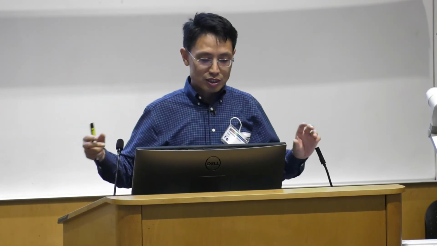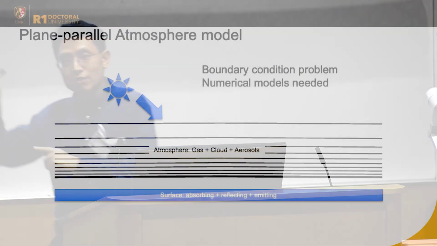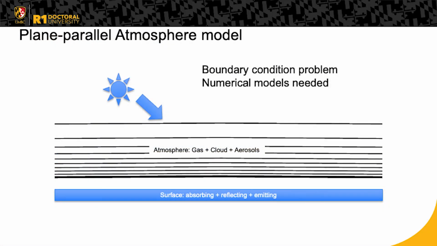So we approximate the Earth's atmosphere as a flat medium because the Earth's radius is very large. And in that geometry, as long as we do not look sideways too much, if we just look down, the Earth behaves pretty much as a plane parallel medium. In that case, we can solve it relatively easier.